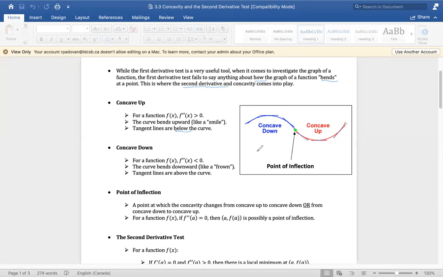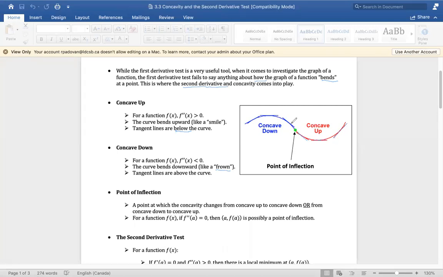Conversely, concave down: again, if I have original function f of x, my second derivative is less than 0. So if when I do the second derivative, I get a value less than 0 at that value of x, then I am concave down. So concave down, the curve bends, it looks like a frown. Down and frown rhyme, or again, I think of it as you're feeling down, and if you're feeling down, you're frowning.